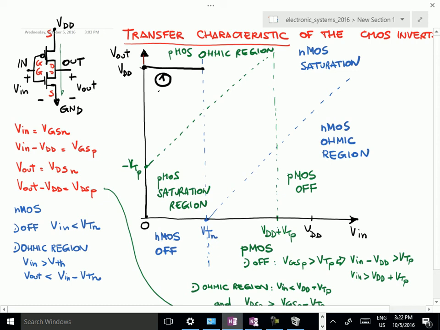If we have current through the PMOS, we have a voltage drop between the source and the drain of the PMOS. And this means that the output voltage starts to drop with respect to the supply voltage. So we have at the beginning a small drop and then an increasing drop here. This is the second branch of the current voltage characteristic.